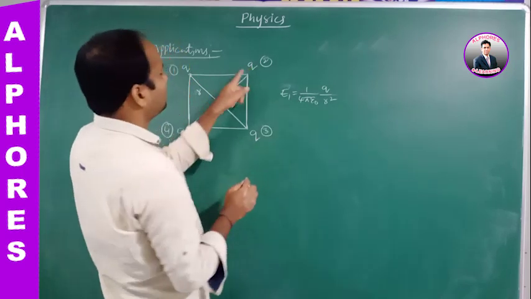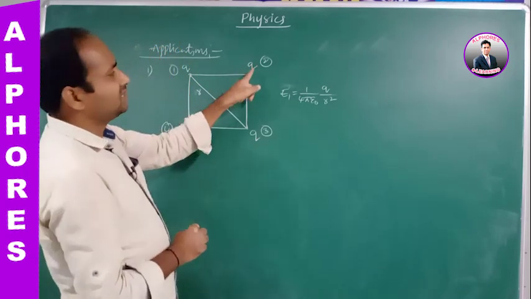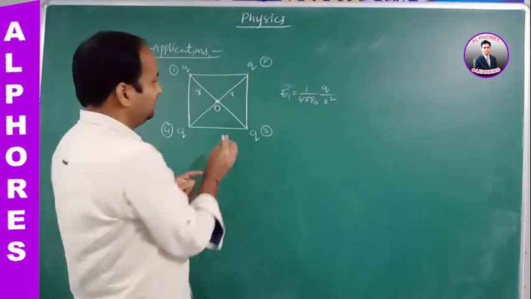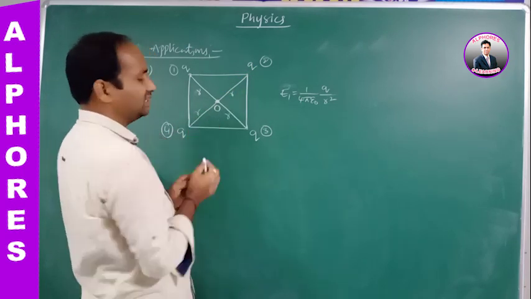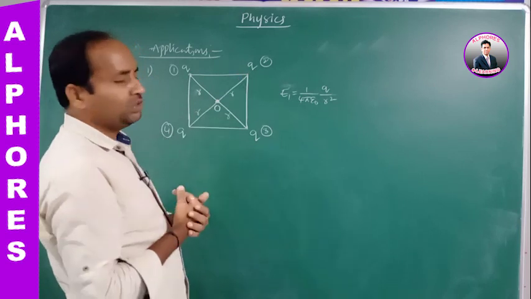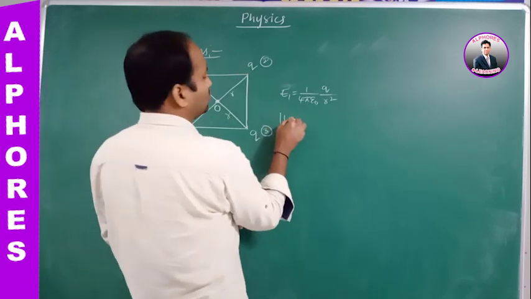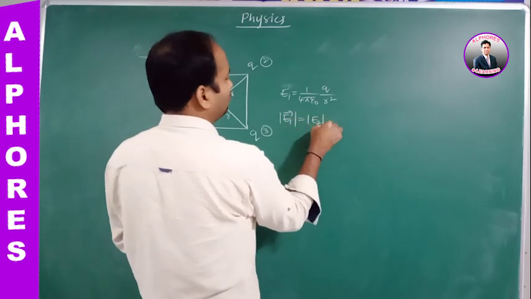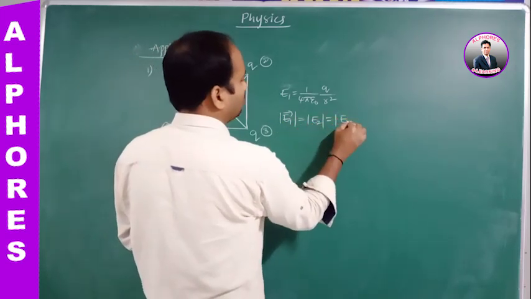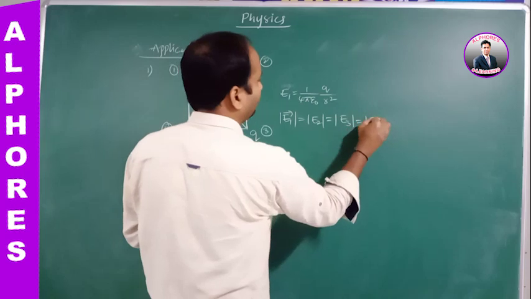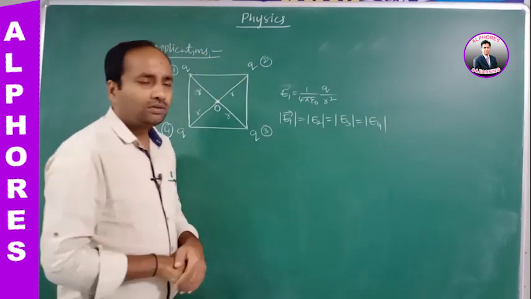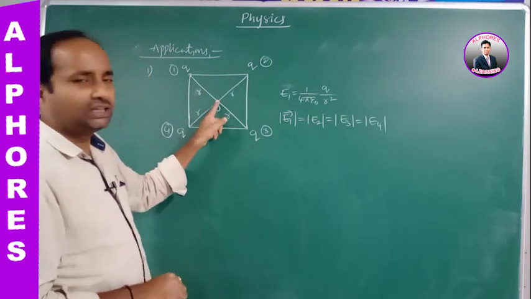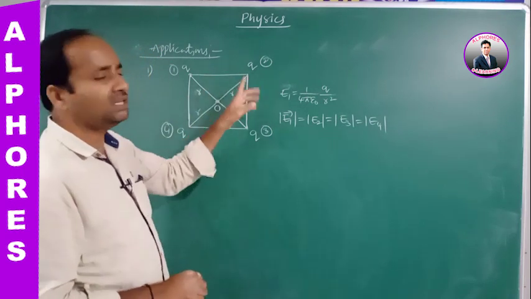Similarly, E2 is also the same, because this is also charge Q separated by the distance R. This is also R distance, R distance. So the magnitude of E1 is equal to the magnitude of E2, equal to the magnitude of E3, equal to the magnitude of E4. All the intensities of electric field at the center O by these four charges remain the same.